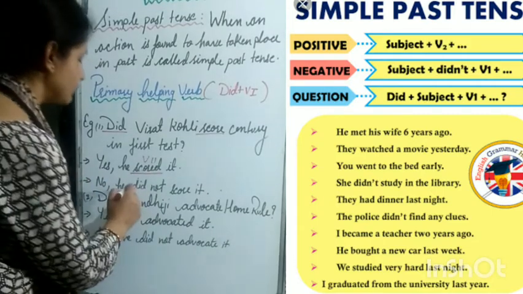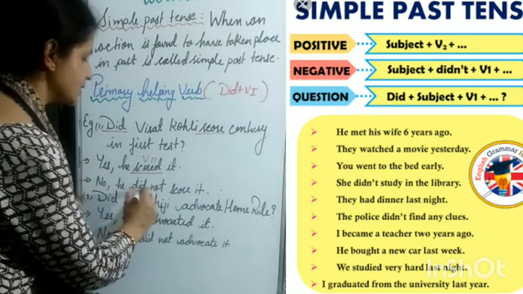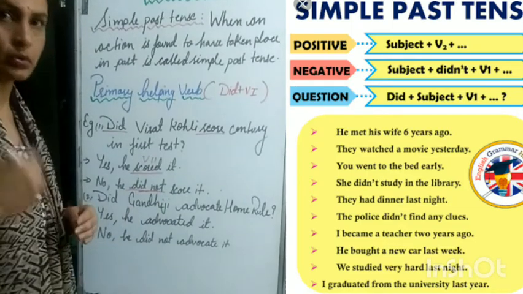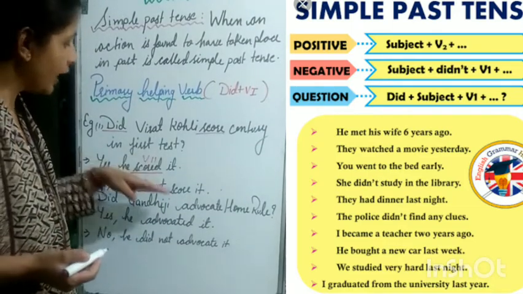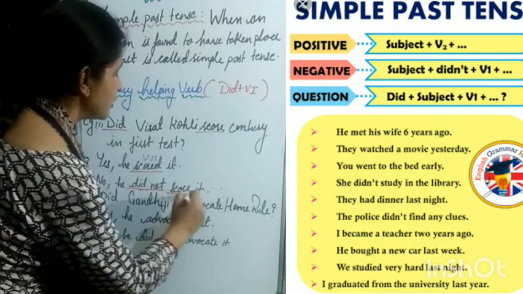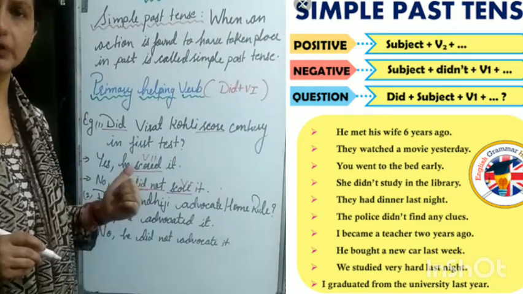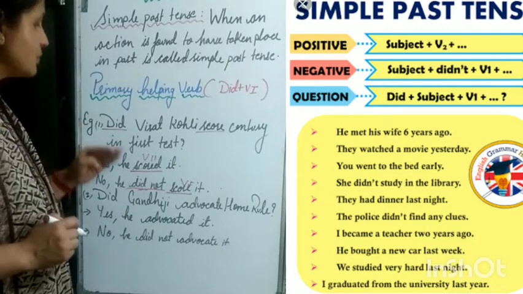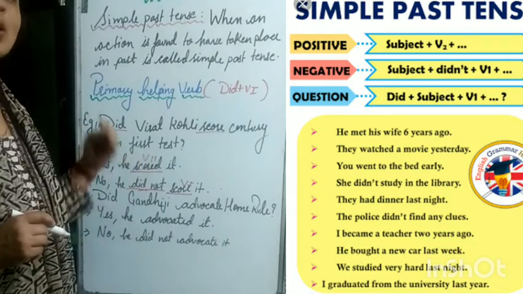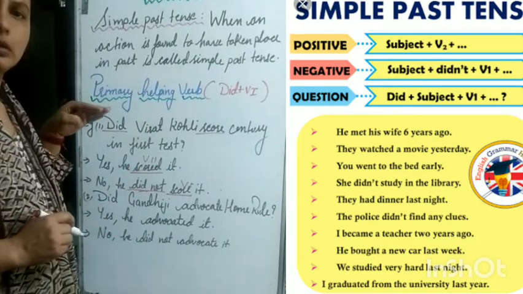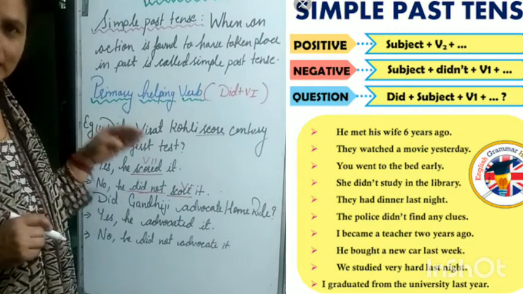So in negative, we use did, and we also use not after did, and with did not, we use first form of main verb. In this manner we are going to answer this interrogative sentence.